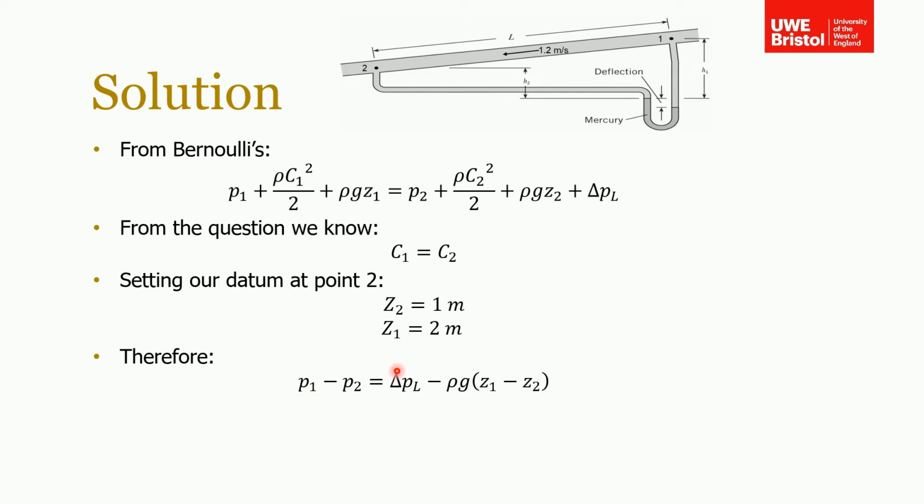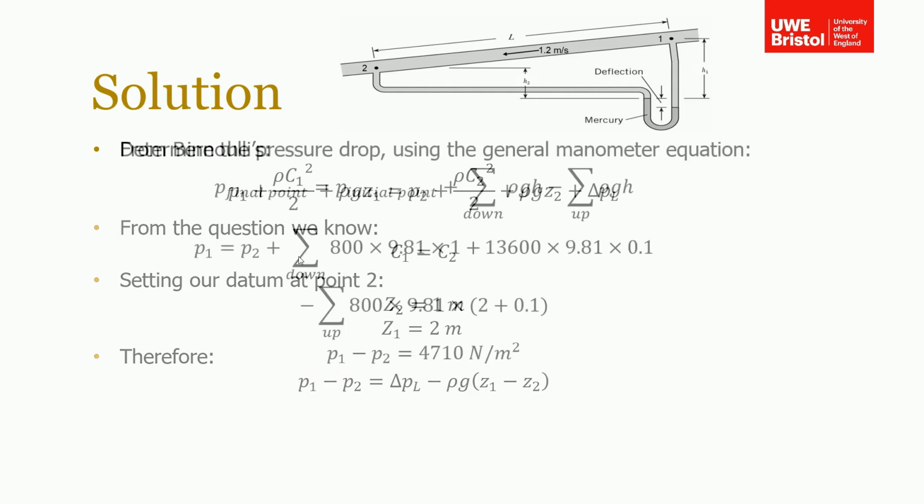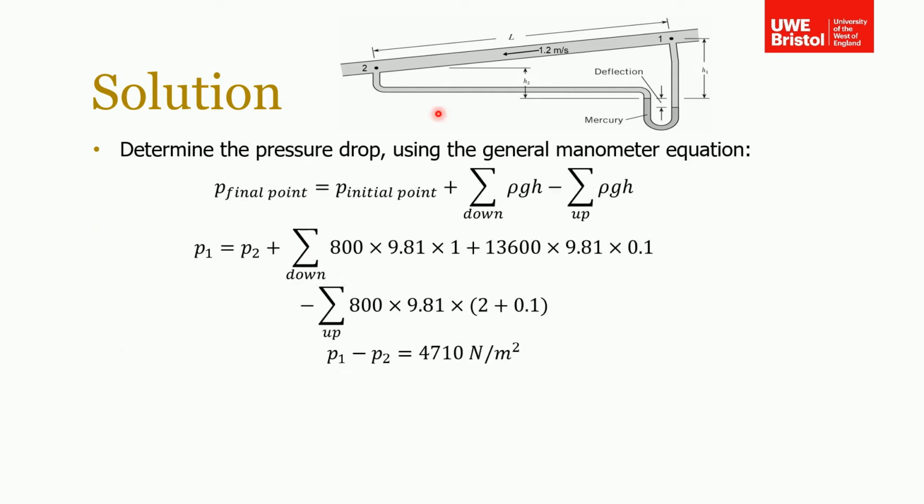But to do that, we also need to know what the pressure difference is between 1 and 2. Now, in a previous example, we did it with a rather simple formula, but here it's slightly more challenging because point 1 and point 2 are at different heights.